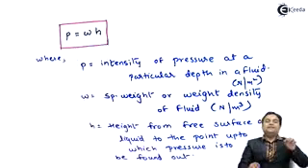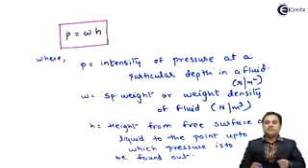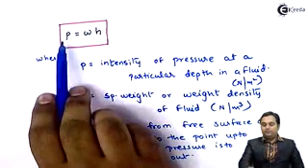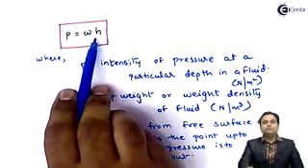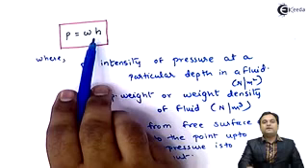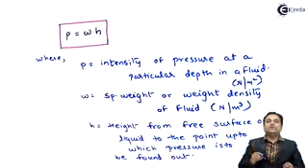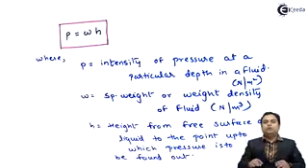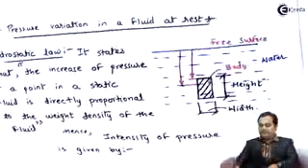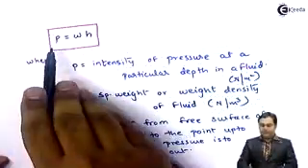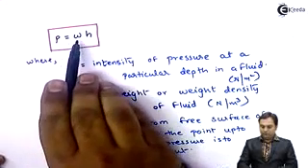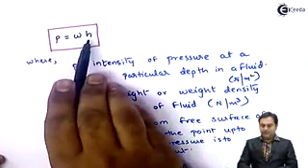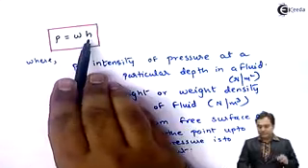Into H, see, H is the depth. H will go on changing. It means here pressure is also directly proportional to H, because if H is maximum, that is from the free surface of liquid up to the bottom, there the height would be maximum. Like for the example here, so here we see pressure intensity is equal to specific weight into the height up to which we want to calculate the pressure.